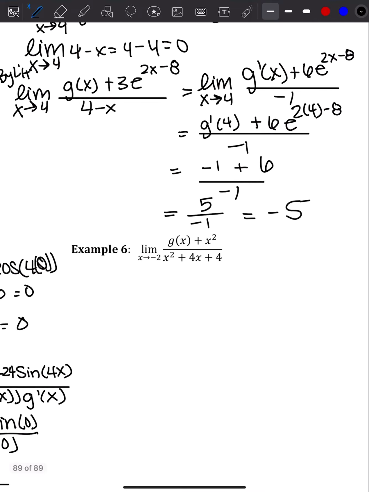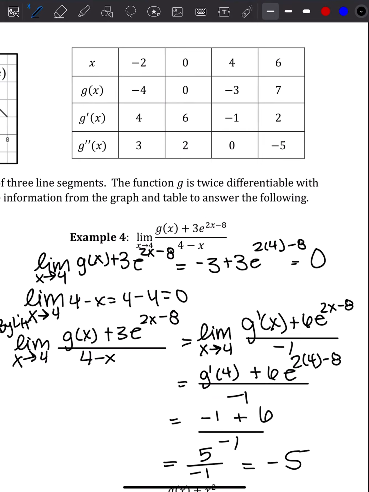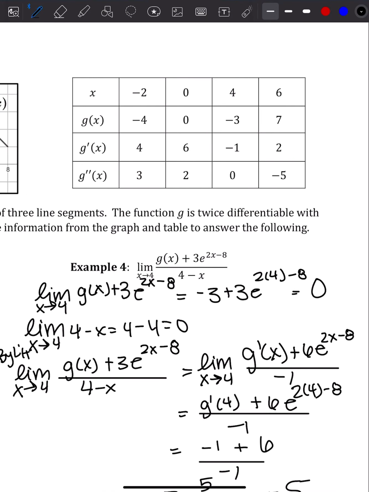And our last one here, the limit as x approaches negative 2 of g of x plus x squared, divided by x squared plus 4x plus 4. So g of negative 2 plus negative 2 squared. G of negative 2 is negative 4.